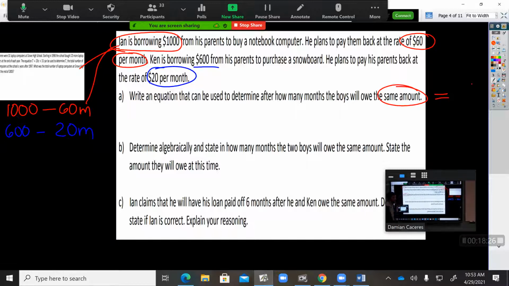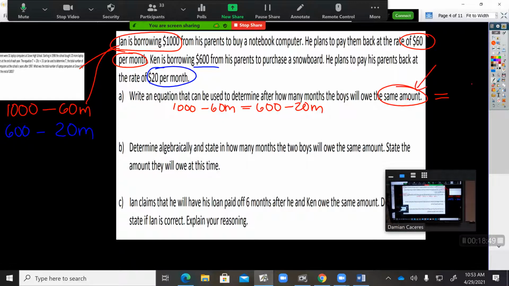Equals. So that means I'm going to get both expressions and make them equal to each other. So 1,000 minus 60M equals 600 minus 20M.